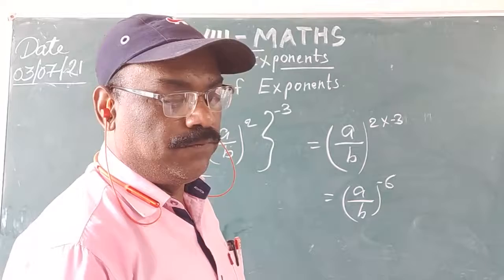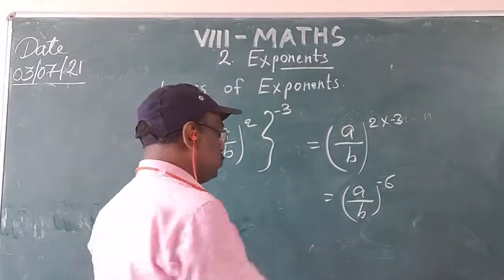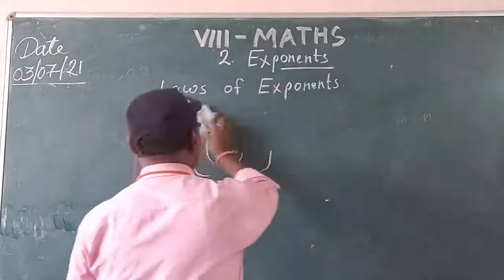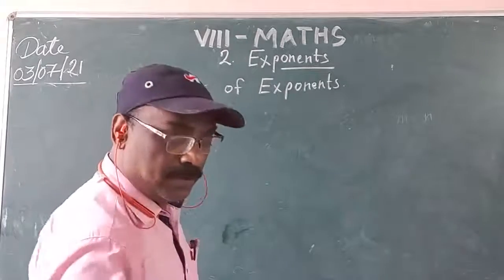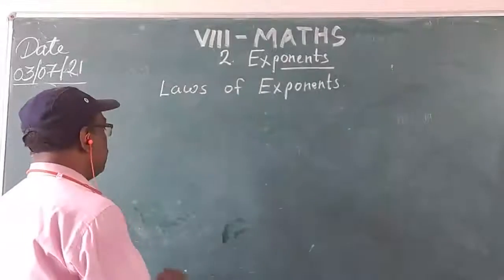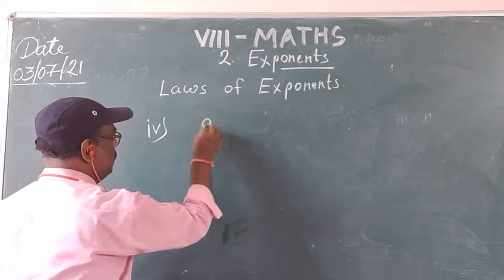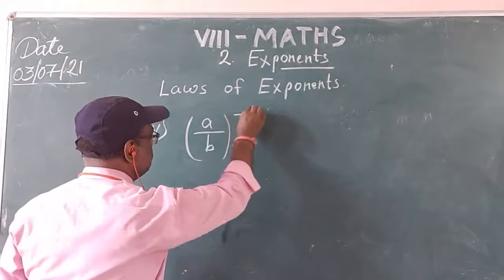Then the fourth one. If the power comes in minus, as I showed you, we can change the minus power into positive by taking the reciprocal. Suppose they have given you (a/b)^(minus n).